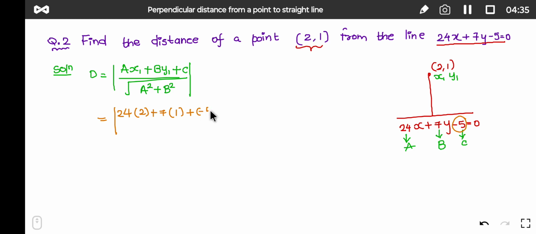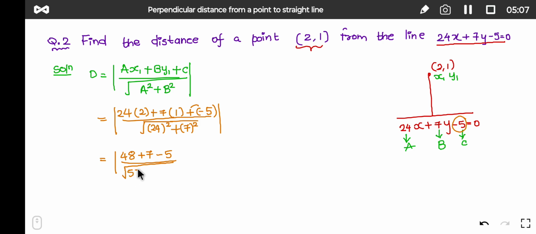We'll put minus 5 inside the bracket, divided by root of a square plus b square. So a is 24 and b is 7. Now multiply: 24 multiplied by 2 is 48, plus 7 into 1 is 7. Here plus and minus become minus 5, divided by root of 24 square, which is 576, plus 7 square, which is 49.